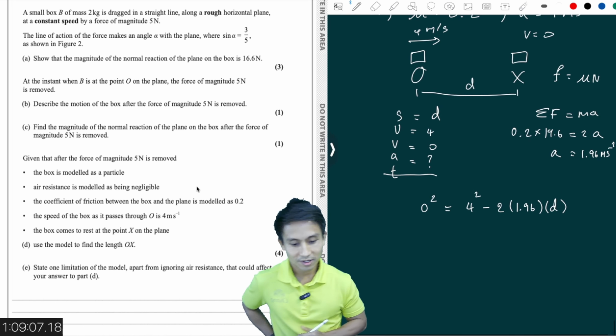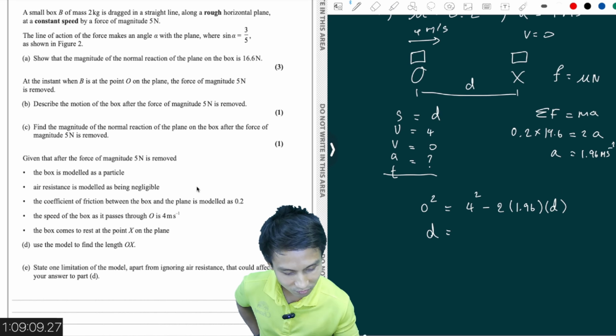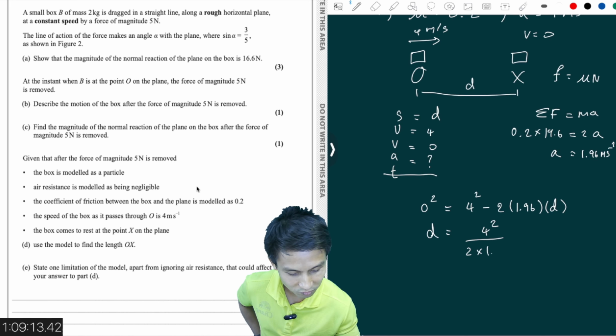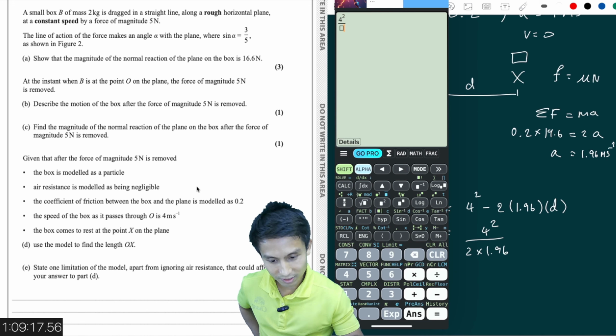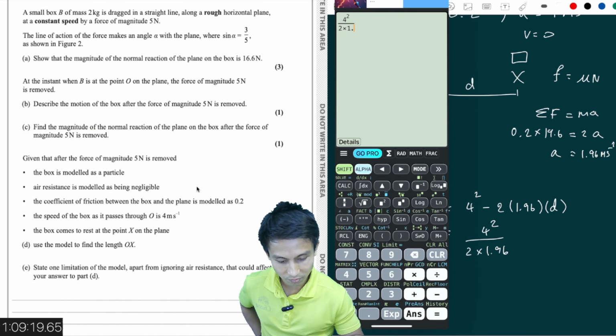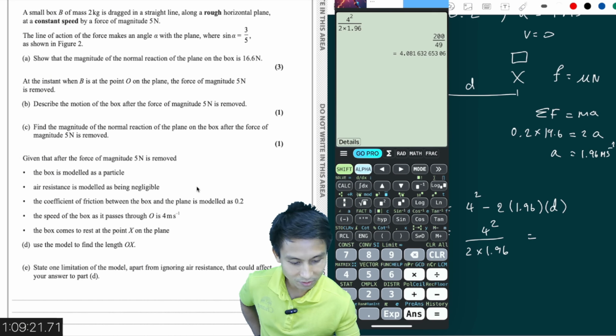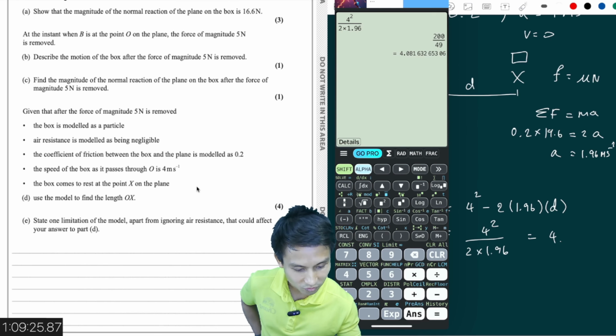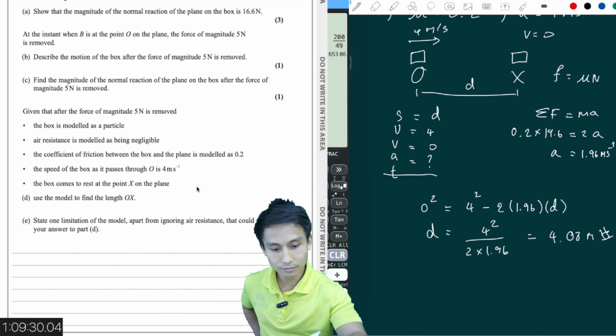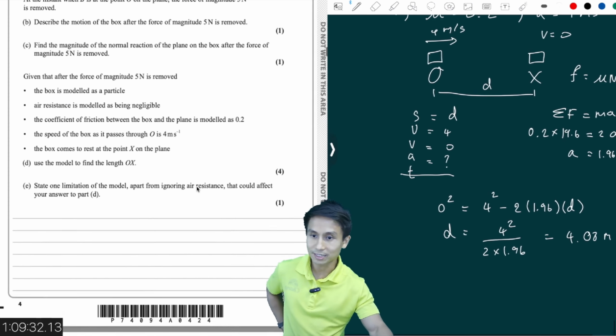And then d would be equal to just 4 squared divided by 2 times 1.96, right? So 4 squared divided by 2 times 1.96. And that is equal to 4.08, is it exact? Okay, just do 3 significant figures. That's it. Okay, that's part D done.